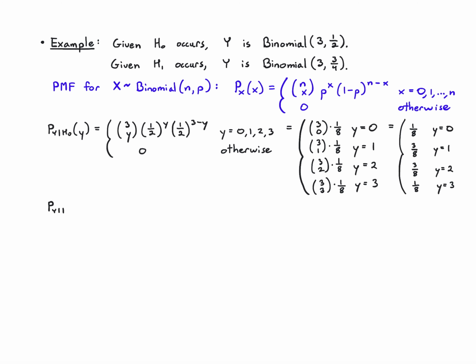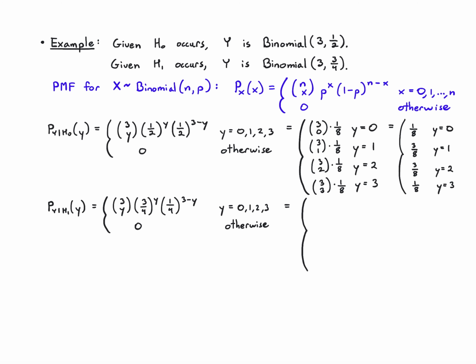Okay, let's do the other conditional PMF for H1. So that's going to be, again, 3 choose y, but now it's going to be 3/4 to the y, and then 1/4 to the 3 minus y. It's going to be for y from 0, 1, 2, 3, and 0 otherwise. As before, we're going to just work this out.